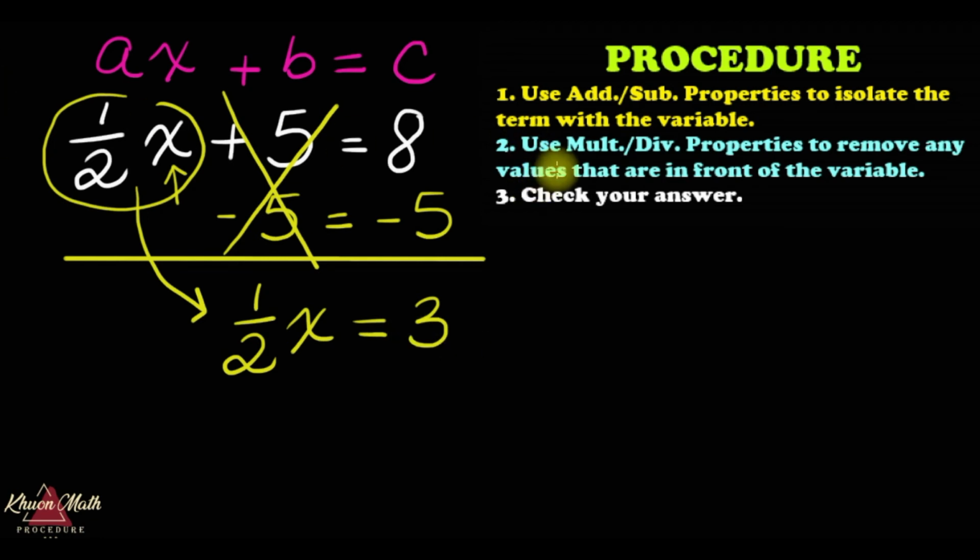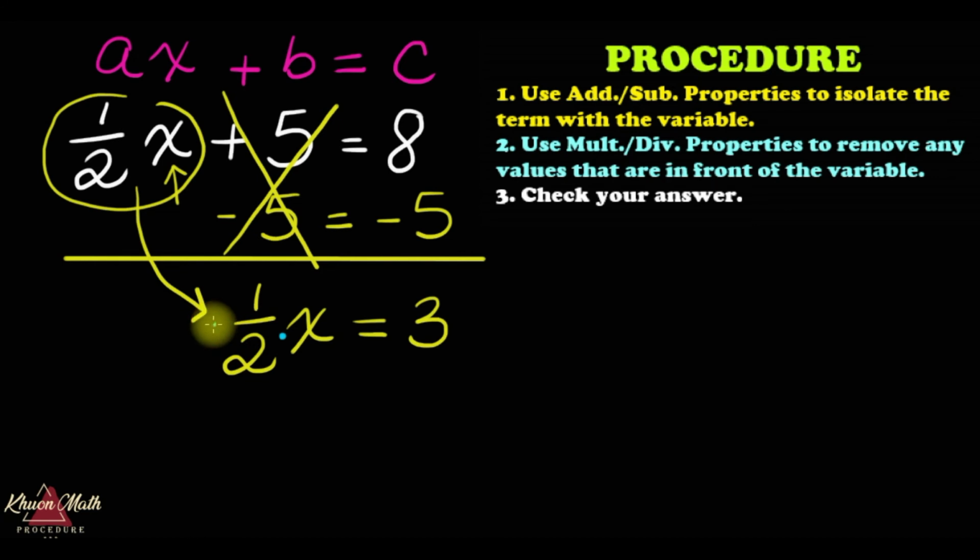Now step 2 is to use the multiplication or division property to remove the value that is in front of the variable. So here you have 1/2, a multiply by 1/2. So if you were to divide by 1/2, well, divide by 1/2 is the same as multiply by the reciprocal of 1/2.